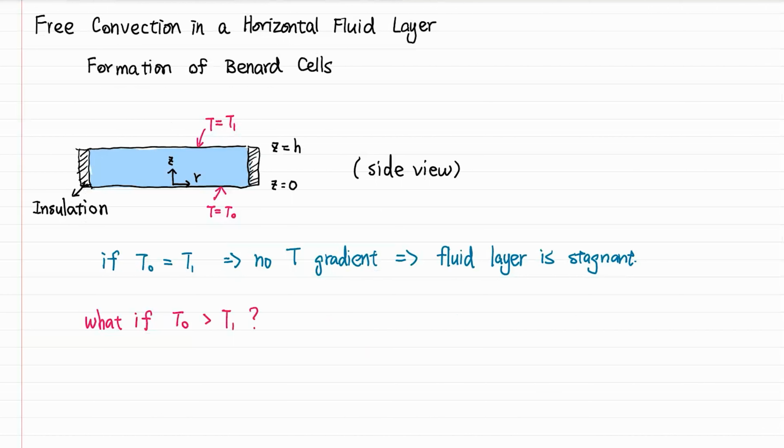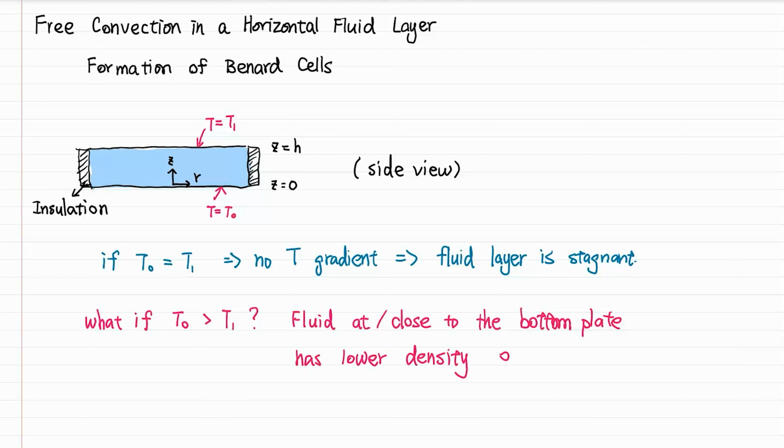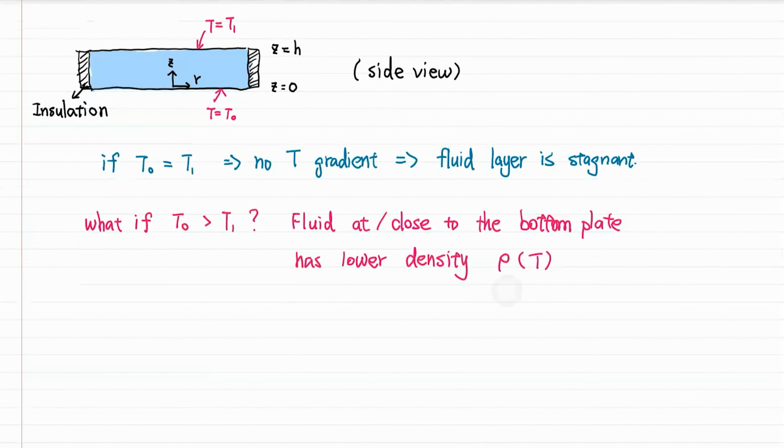Just by thinking about the problem, if T naught is greater than T1, the fluid at or close to the bottom plate has lower density, because the density of fluid is a function of temperature, right? Usually, as the temperature gets higher, the density gets lower. If the density gets lower, then you might have a buoyant force that's going to cause free convection.